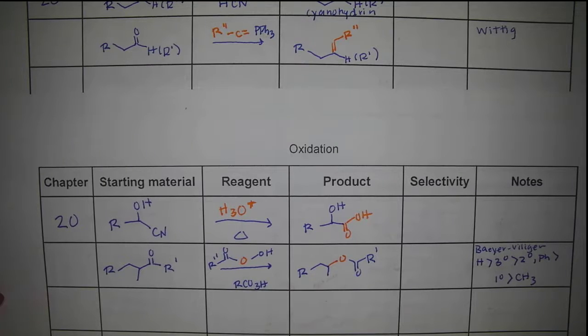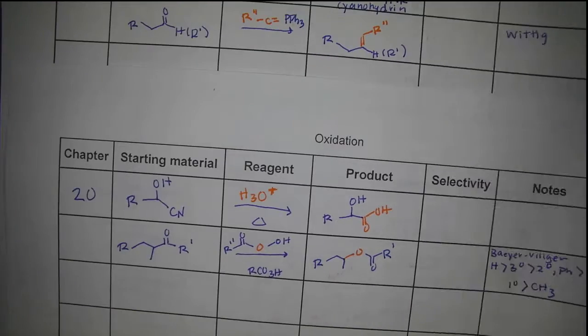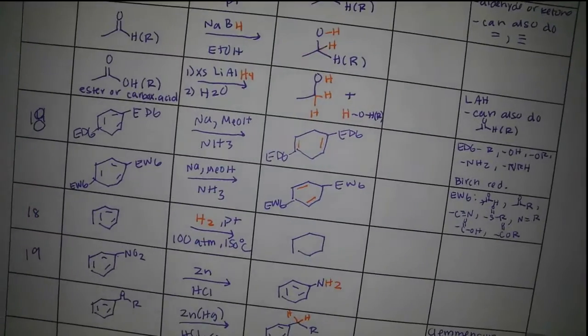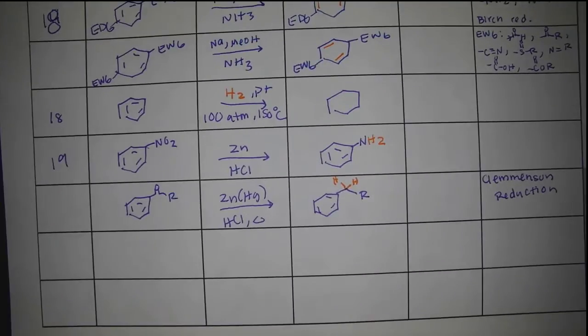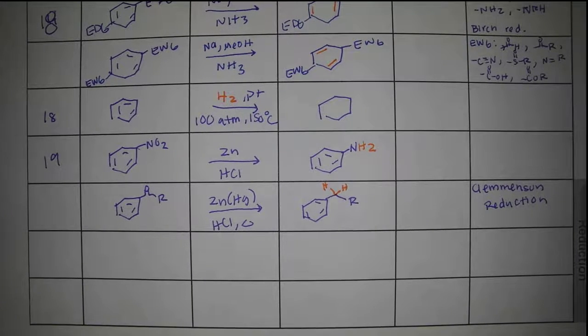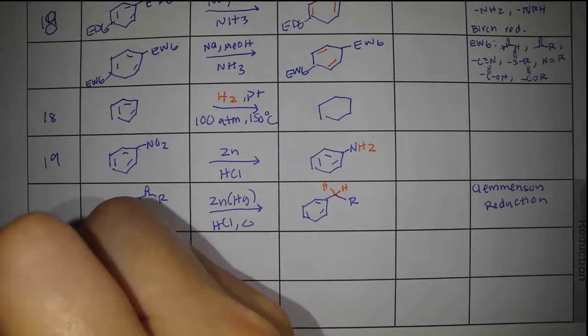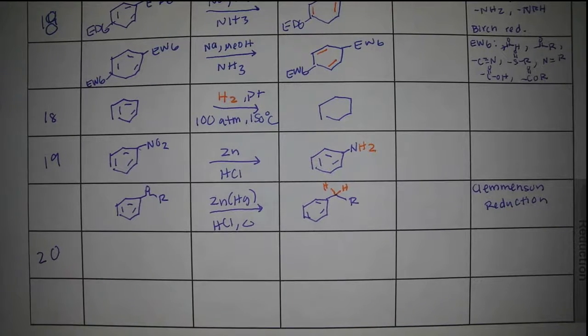And last is the reduction page. That's page 19. In this one we have an imine.